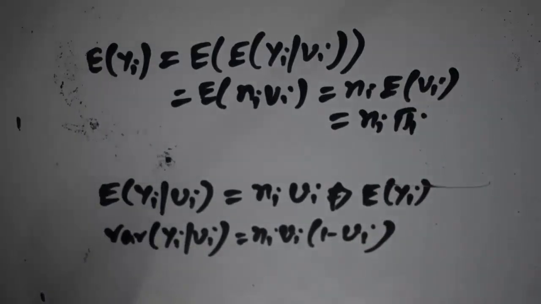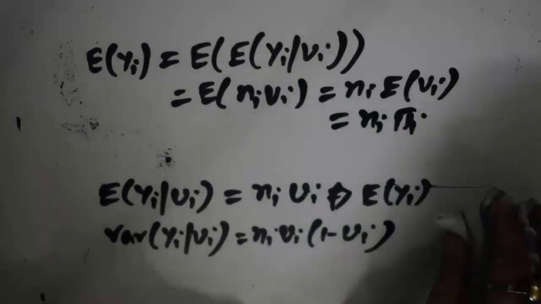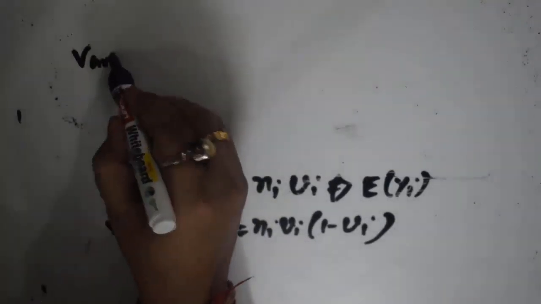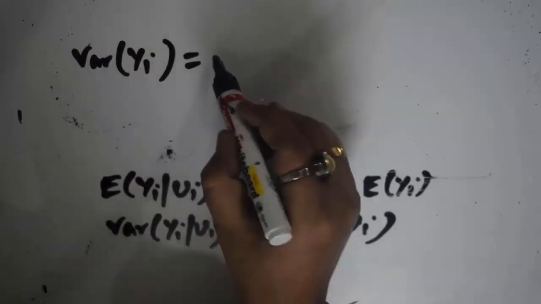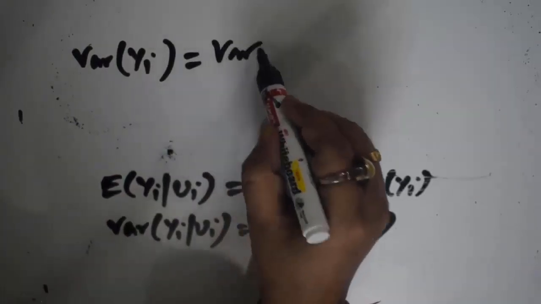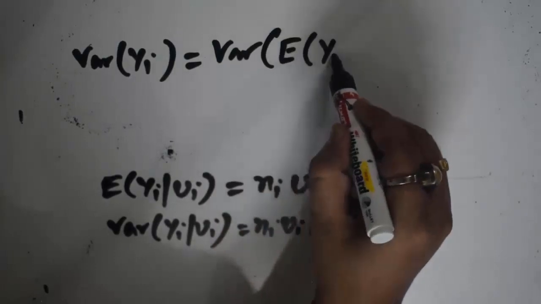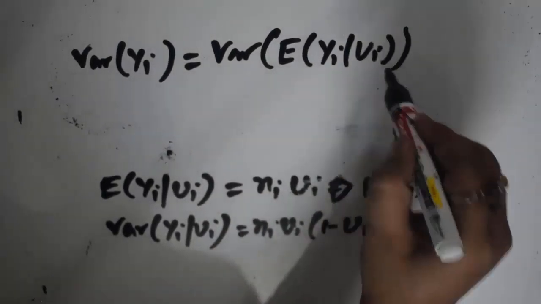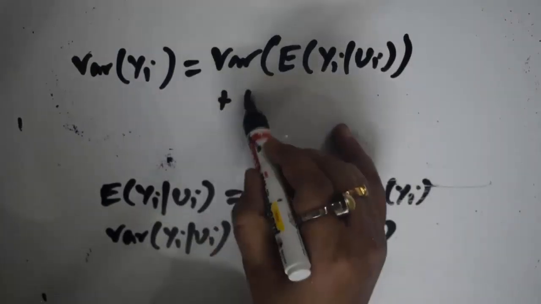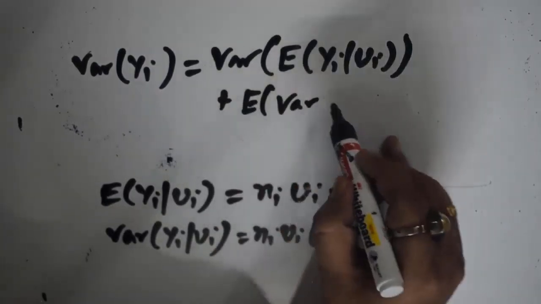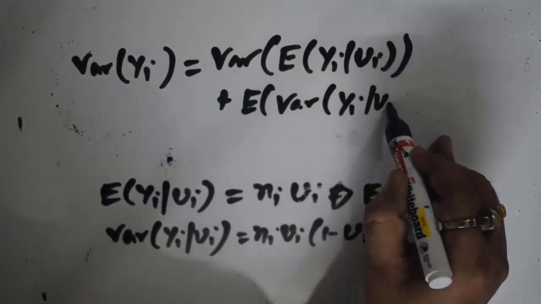Now the variance of Yi is equal to the variance of the expectation of Yi given Vi plus the expectation of the variance of Yi given Vi.